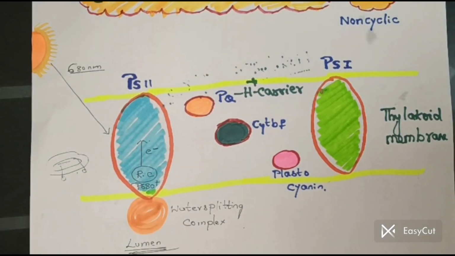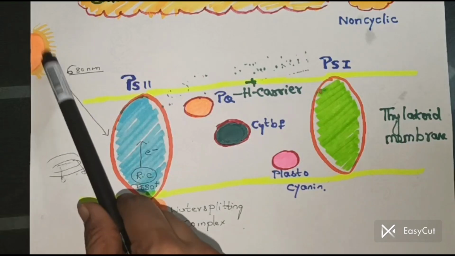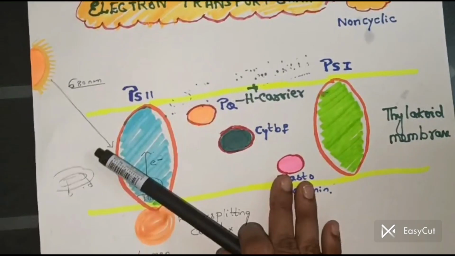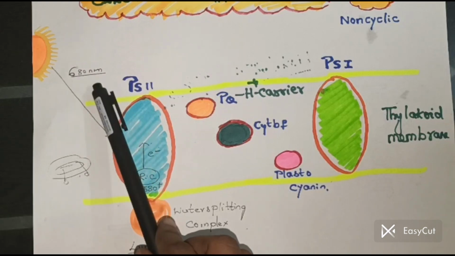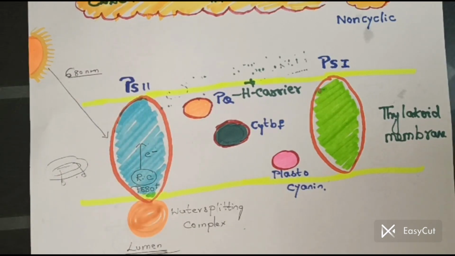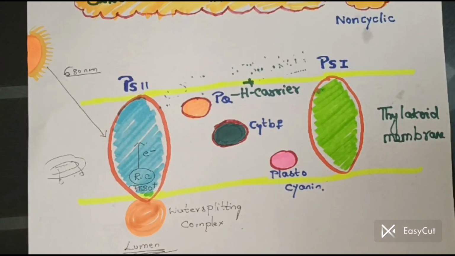So now let's start. The sunlight with 680 nanometers is going to be absorbed by photosystem 2. The reaction center containing chlorophyll A of the PS2 is going to be excited by absorbing how many nanometers? 680 nanometers, and extrudes an electron from ground state to excited state.